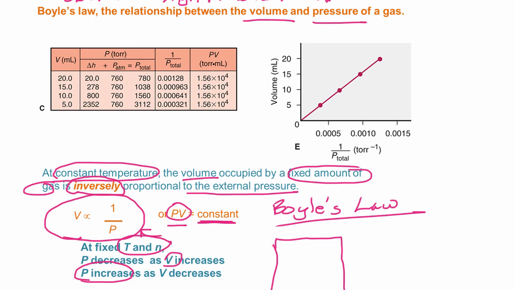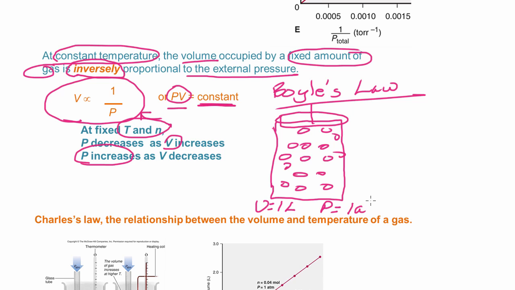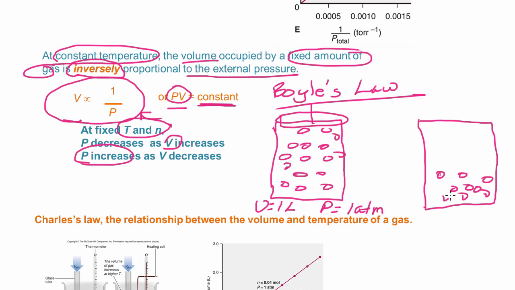So for example, if I have a container with these gas molecules, and here I have a piston, this container is 1 liter, so the volume would be 1 liter, and the pressure we'll make 1 atmosphere. Now, what happens when I decrease the volume by 1/2? I have the same number of particles.